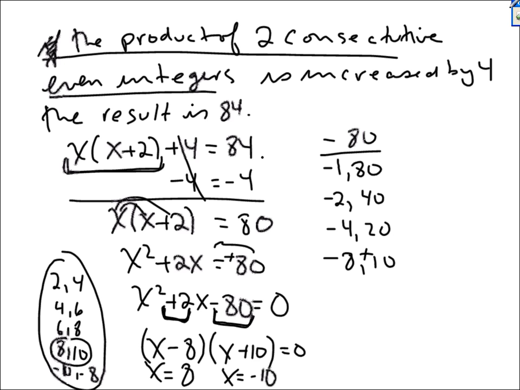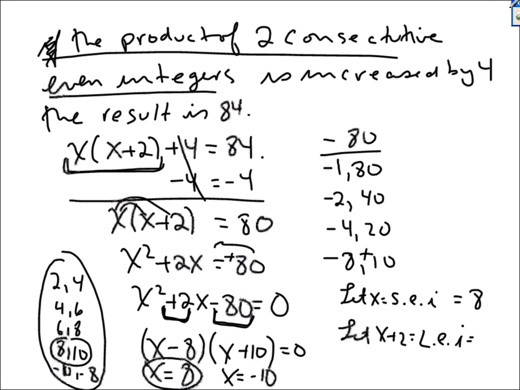Now, if they ask you to find the two numbers, remember, we let x equal the smaller even integer, and x plus 2 is equal to the larger even integer. Well, if x were 8, then x plus 2 is 10.